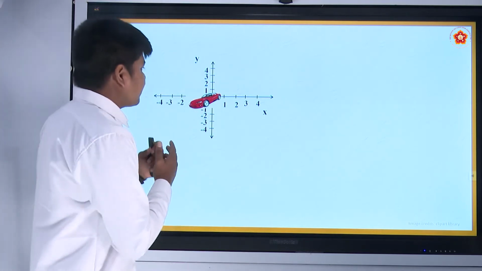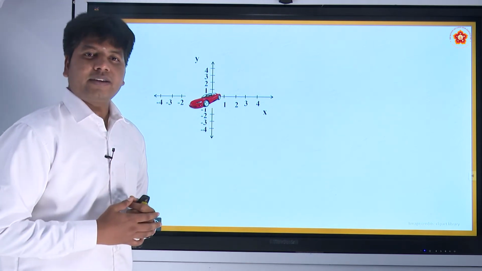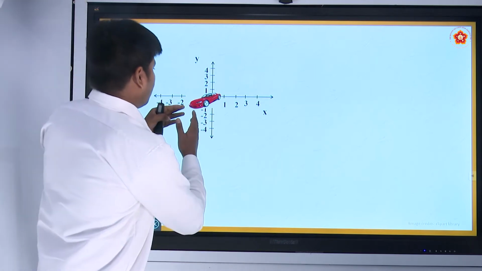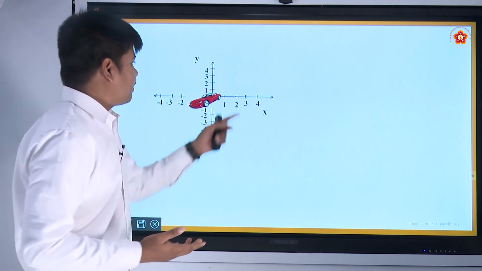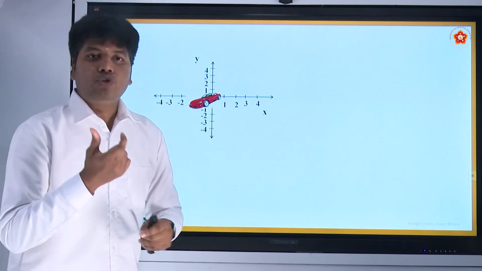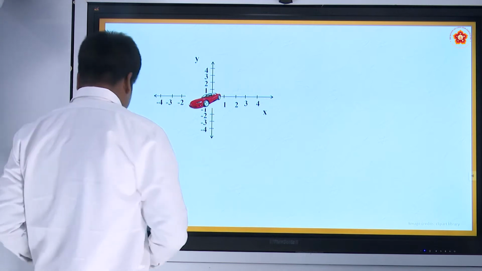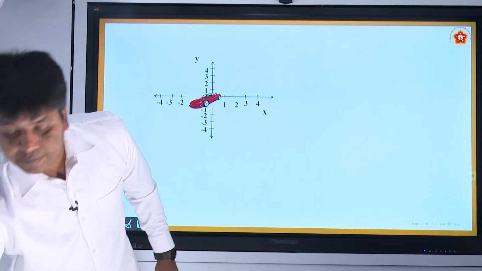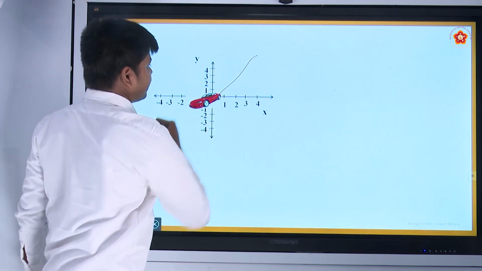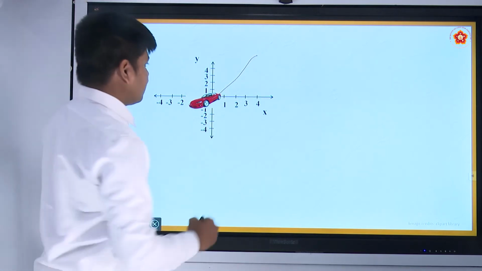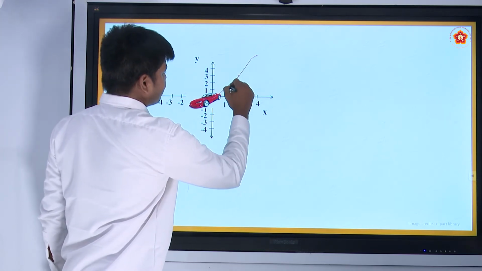If that is the case, it is nothing but two-dimensional motion, right? Because to locate the car when it is moving, you need two values, y and x, right? It started from here and came like this in a straight line. So at every point you have an x value and a y value.